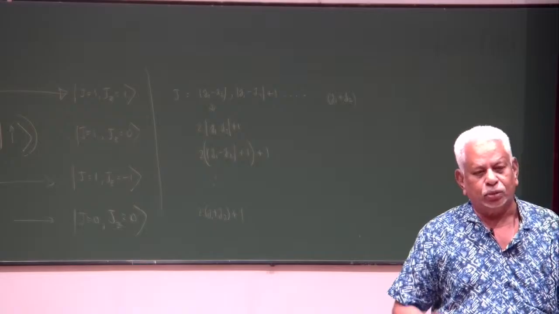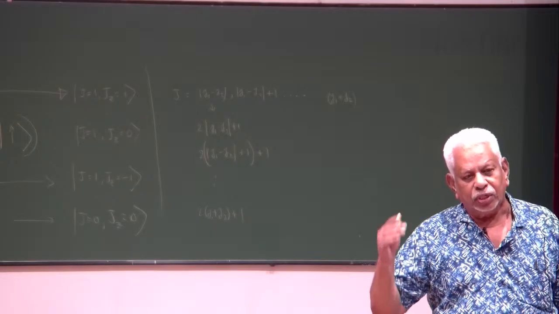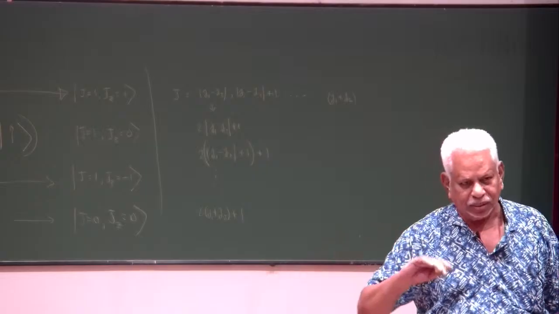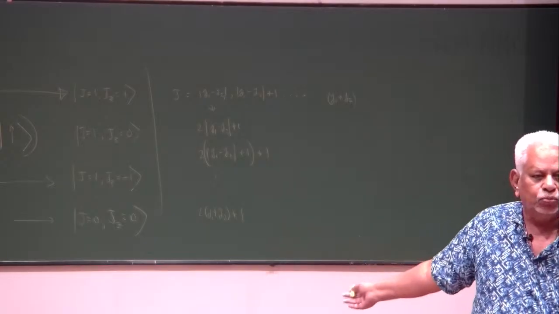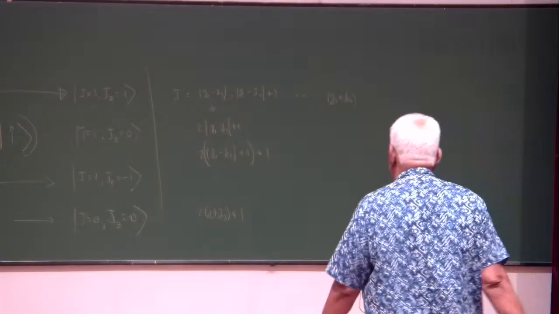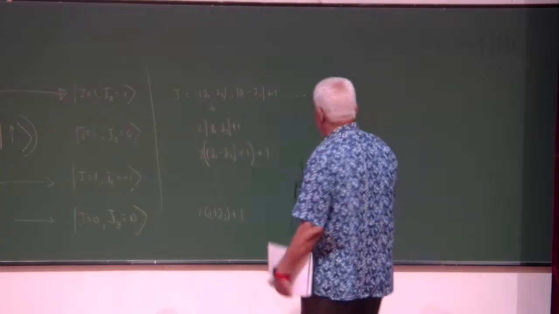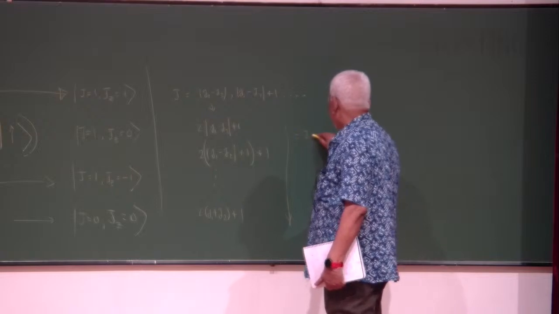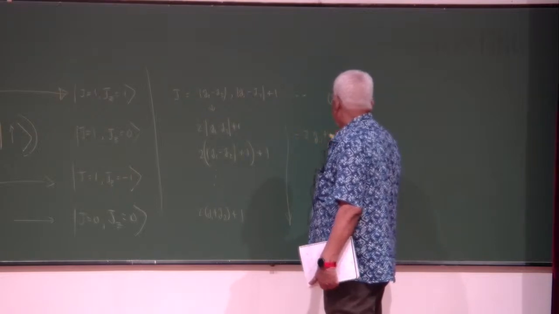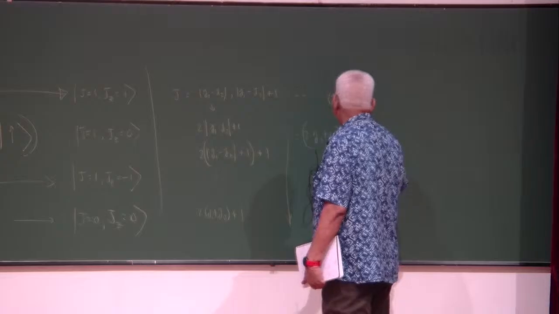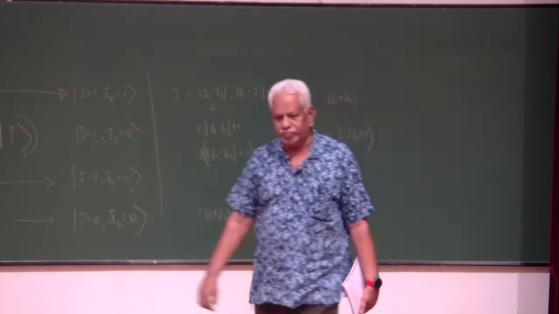It is like saying 2 into 2, 4 is written as 3 plus 1. Okay? That kind of identity is what you should do. That is, try to add all of them, prove that it is equal to 2J1 plus 1 into 2J2 plus 1. That is the first part.